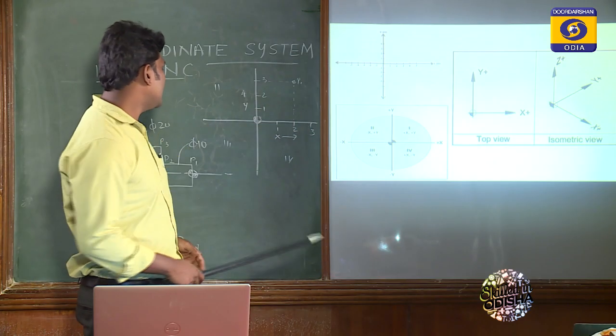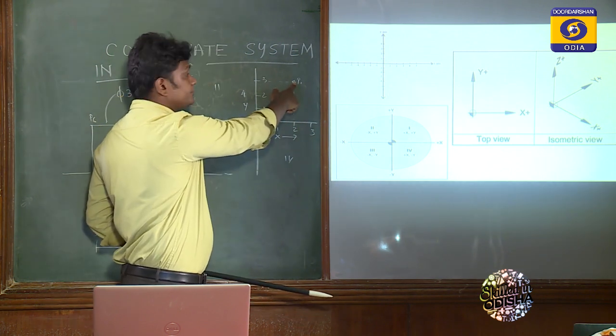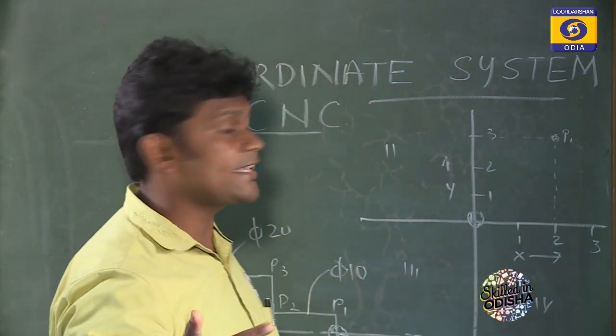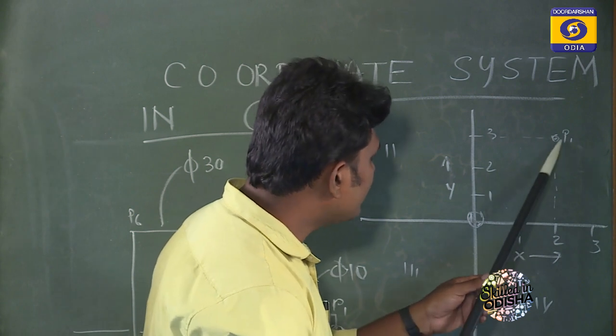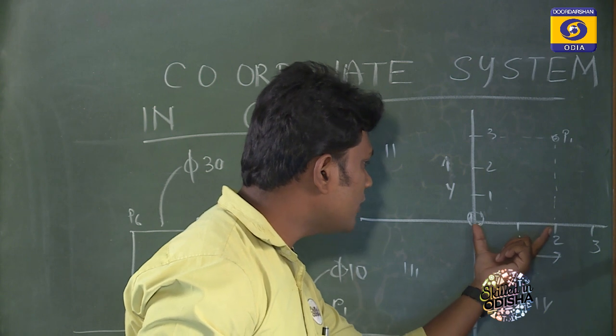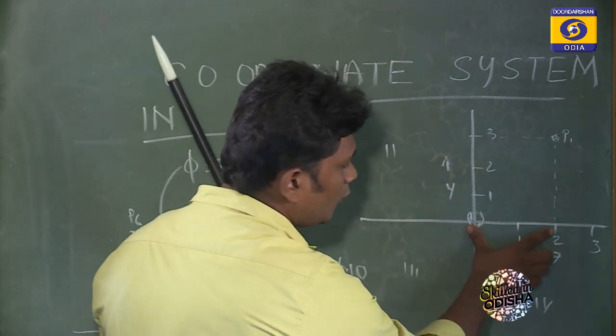For an example, let me draw. Suppose this one is my P1 point. This lies in the first quadrant, so definitely its x and y values will be positive. Now, what will be the location of the P1 point? From the origin, what distance is it situated along the x axis in this direction? It is 2.